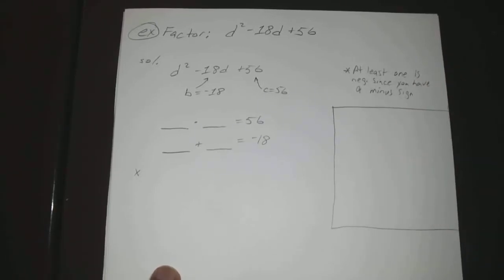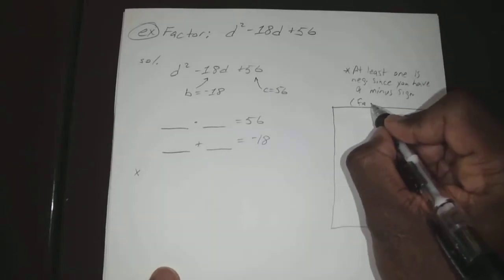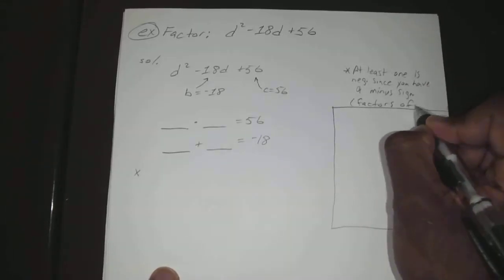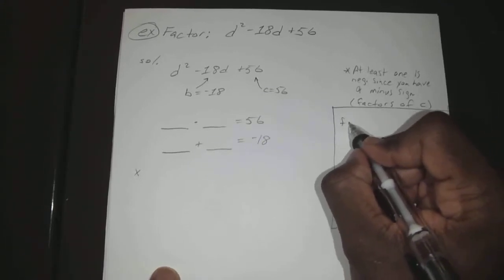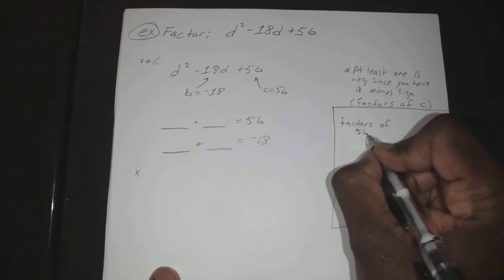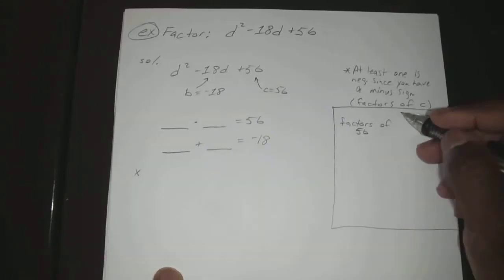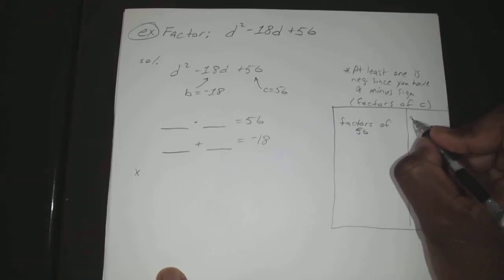Okay, so remember we're looking for our factors of C for this one. Okay, so we have our factors of 56 and we have our sum of the factors.